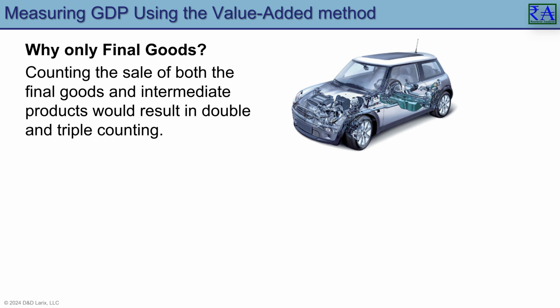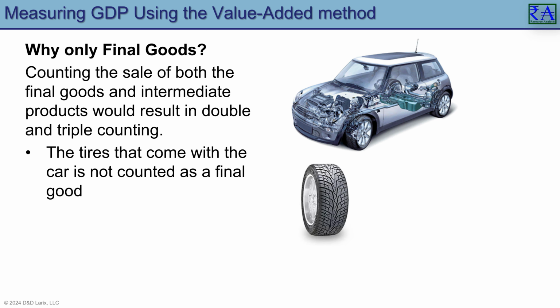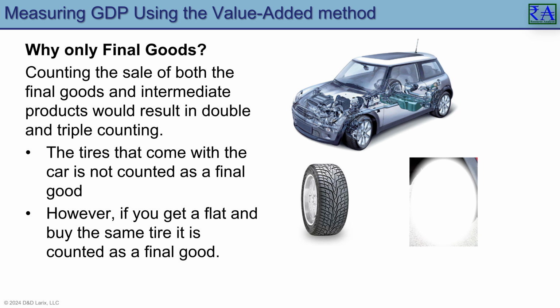GDP is the nation's expenditures on all final goods and services produced during the year at market prices. The value-added method of calculating GDP makes an addition of value created by a manufacturer preparing the good for final sales.